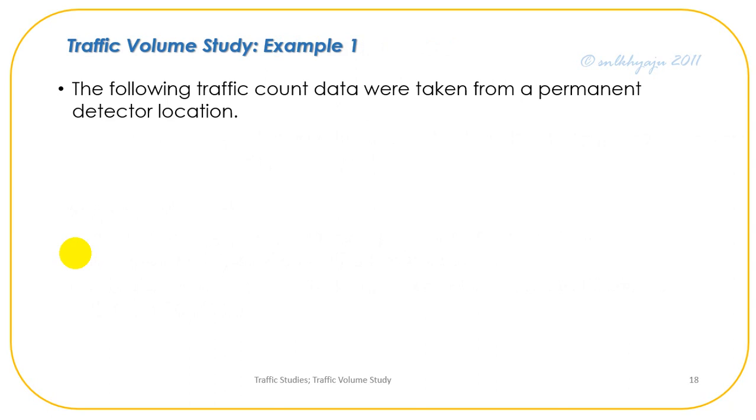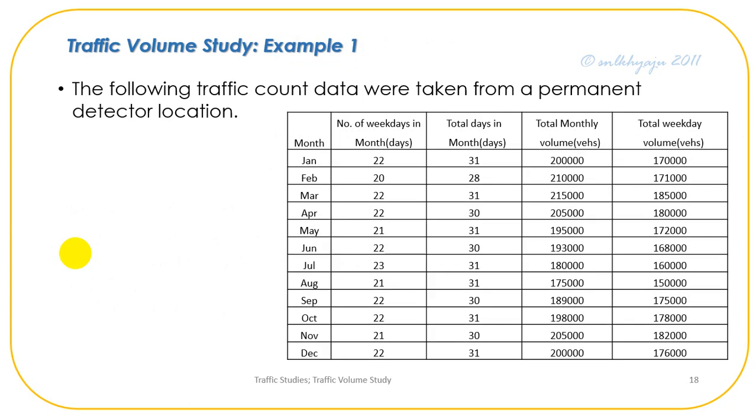And example 1. The following traffic count data were taken from a permanent detector location, and this table shows the traffic volume count, weekdays as well as total days in each month, that is January to December. This column shows the total number of days or weekdays in each month, and this is the total days in each month, and this column shows the total monthly volume.